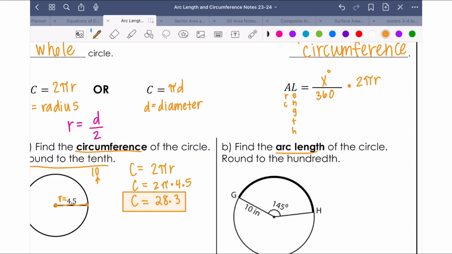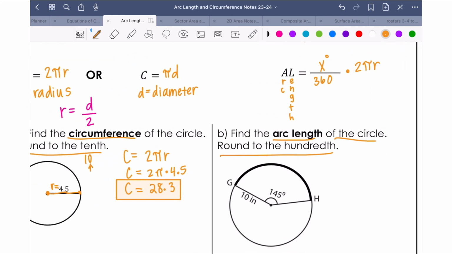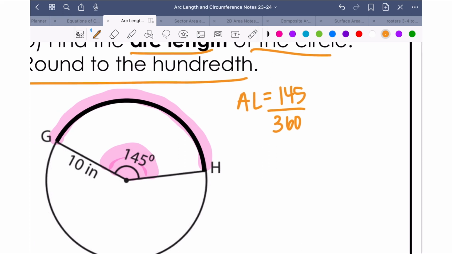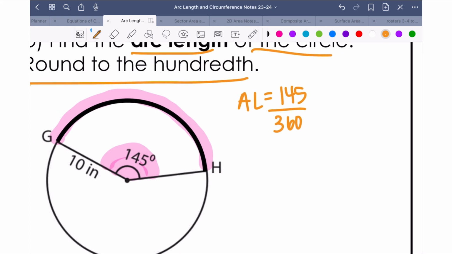So find the arc length of the circle, round to the hundredths. Okay, so what portion am I looking at here? I'm looking at this bolded portion. How many degrees of the circle is that? It's 145 degrees. They have it labeled for me. Okay, so its arc length is 145 degrees out of the full 360 times 2 pi r.